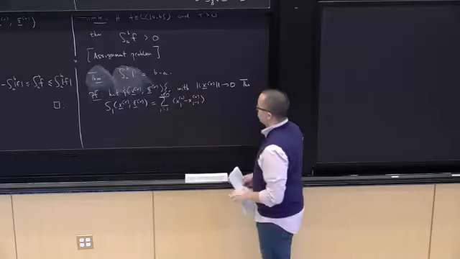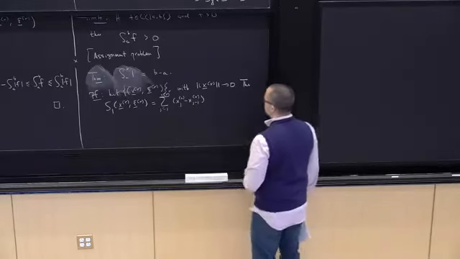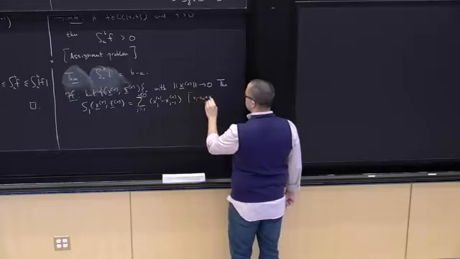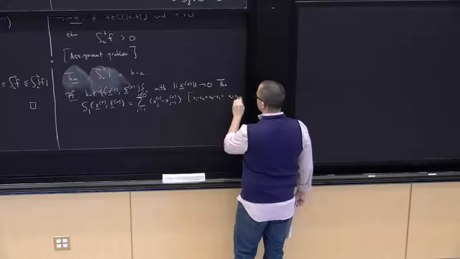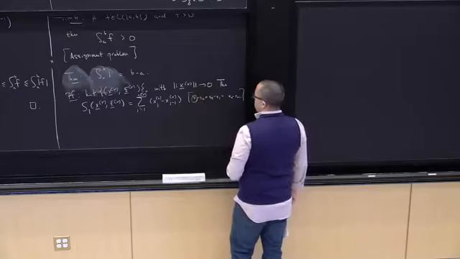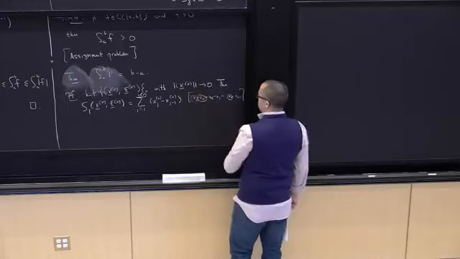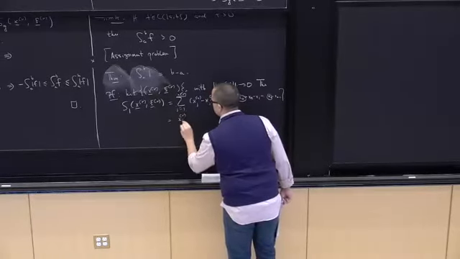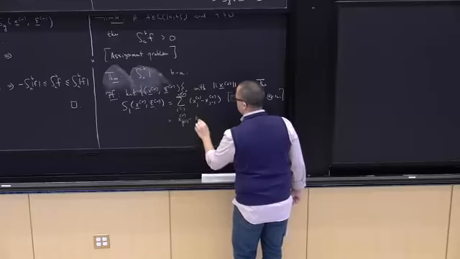Now this is a telescoping sum, meaning this is equal to x1 minus x0, plus x2 minus x1, plus up until xn minus x(n-1). So all I pick up is not x1 but x0 and xn. So this is equal to xn minus x0.